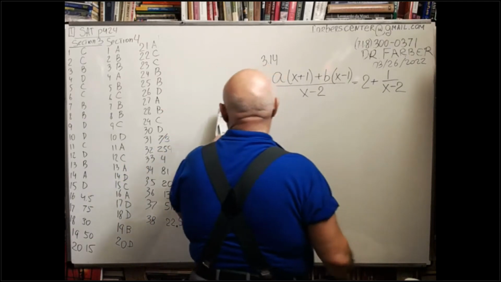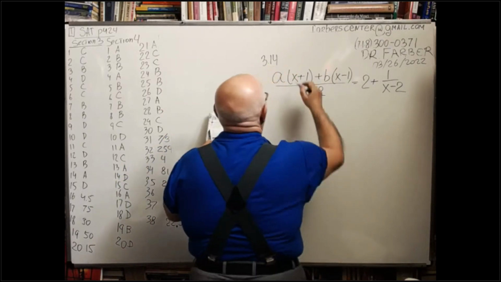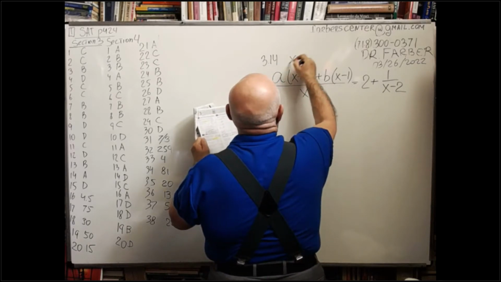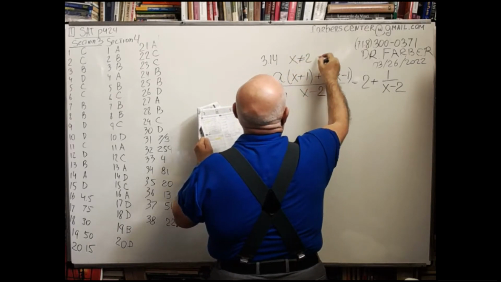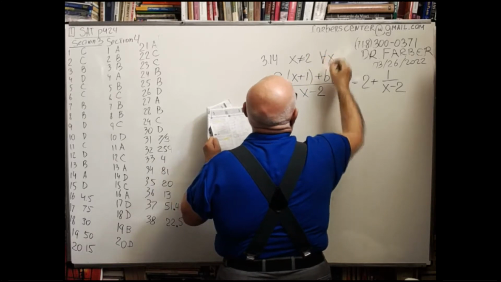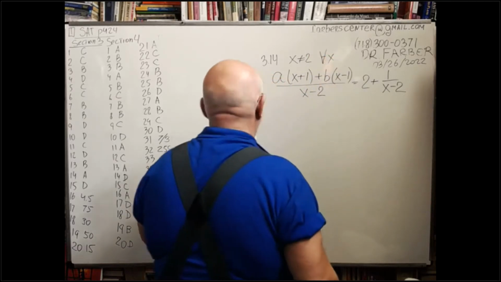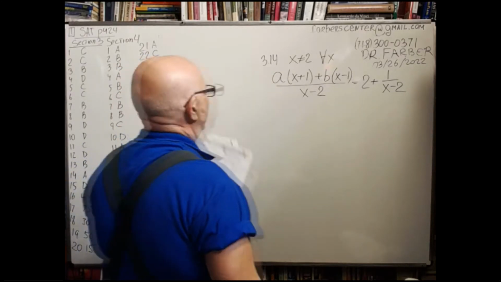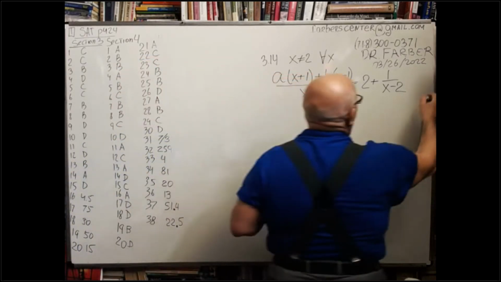And it works for all values of x, so x not equal to 2. And for the rest of x, it works for all values of x. What is the value of a? Find a.